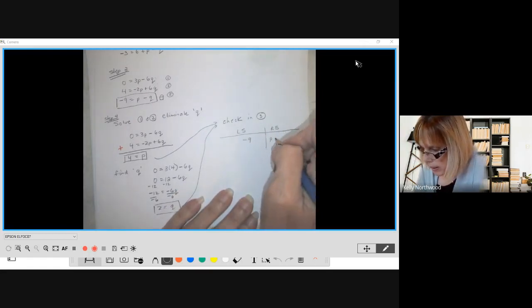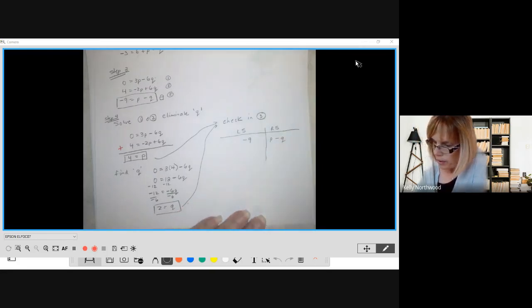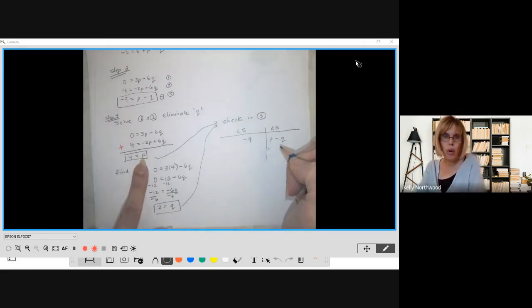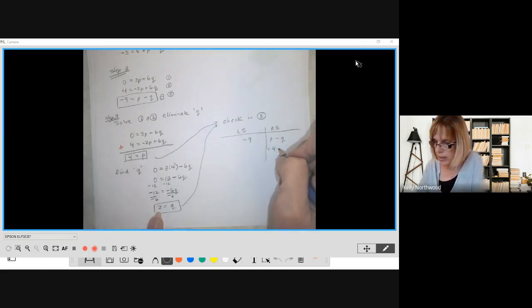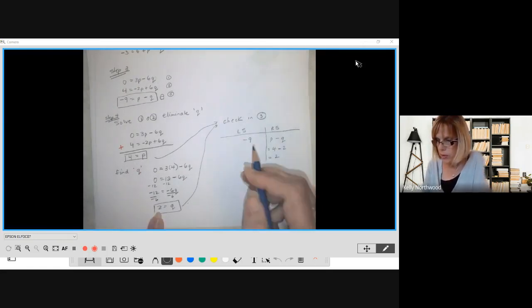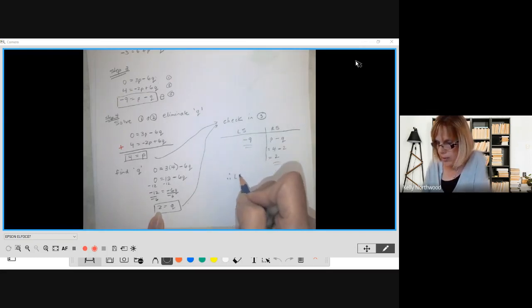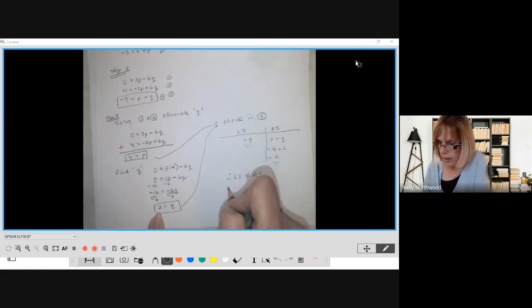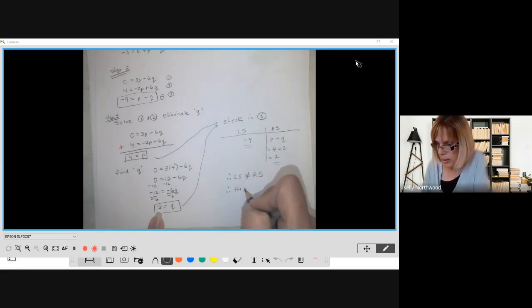Right side has P minus Q. P was 4. Minus 2 is 2, so they don't equal. So we would say, therefore, left side does not equal right side. Therefore, the point 4, 5, -3 is not on the plane.